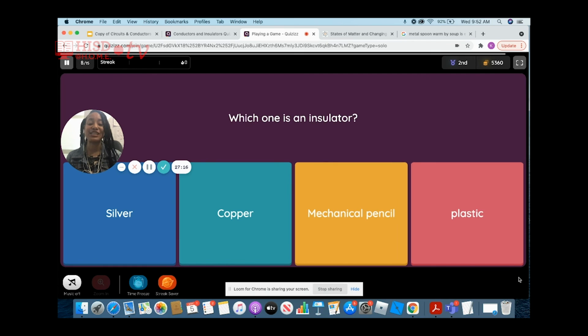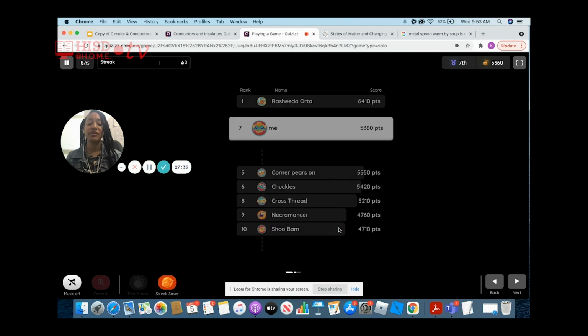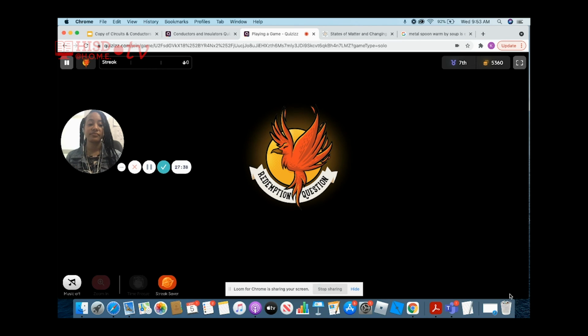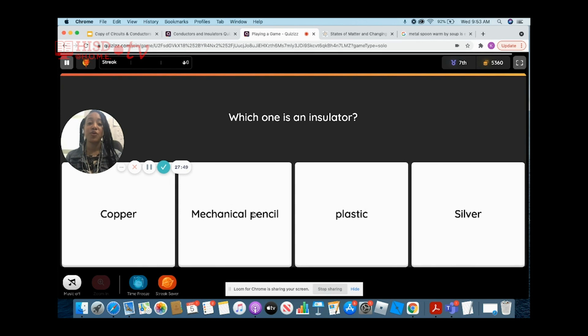Which one is an insulator? Yes, the one that is an insulator is... Right, we can say that the mechanical pencil... So which one is an insulator?